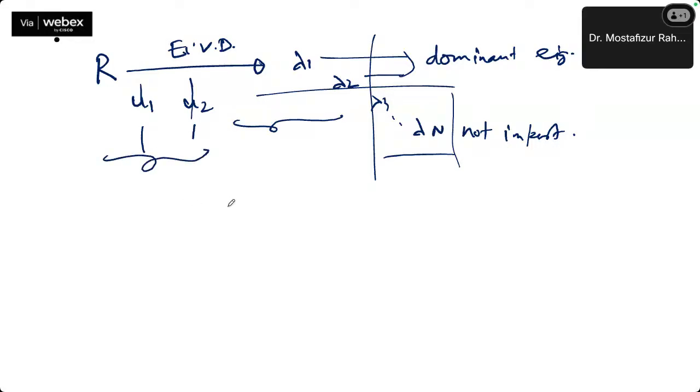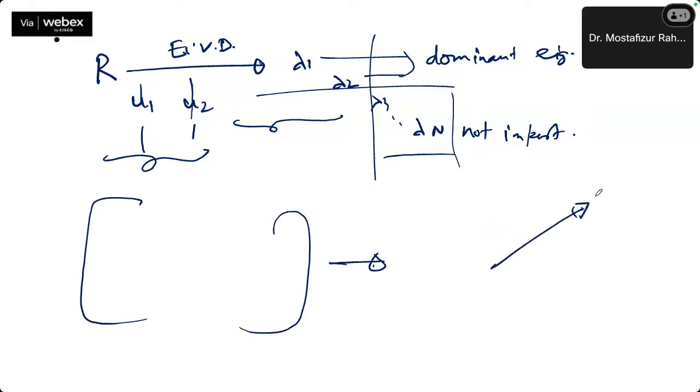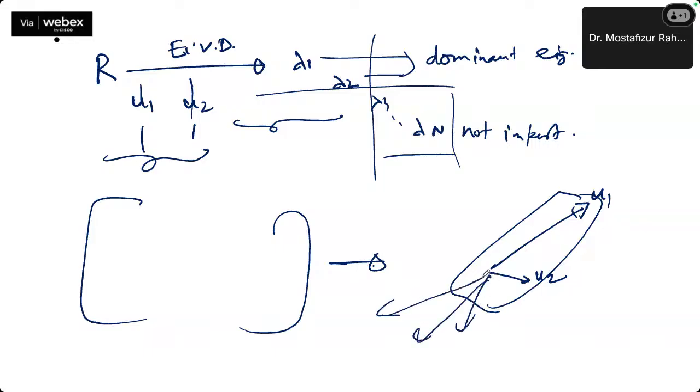The dimension can be very huge, but after eigenvalue decomposition, you find that across U1 and U2, most of the energy is concentrated. For all other U3, U4, U5, up to UN, the total amount of energy, that is lambda 3 till lambda n, this area is small. So that's why this geometrical interpretation is important.